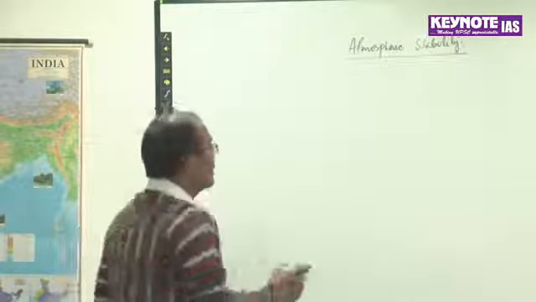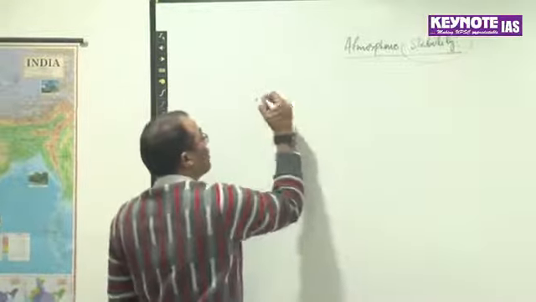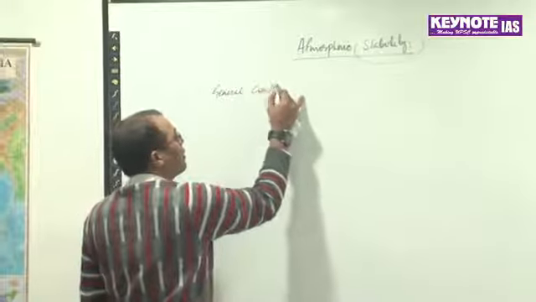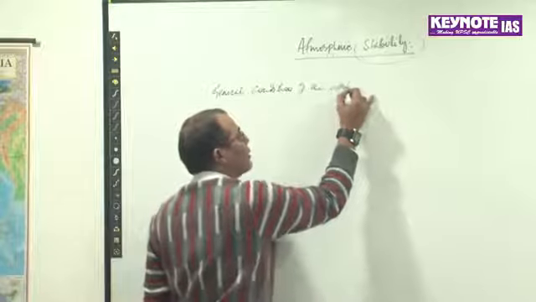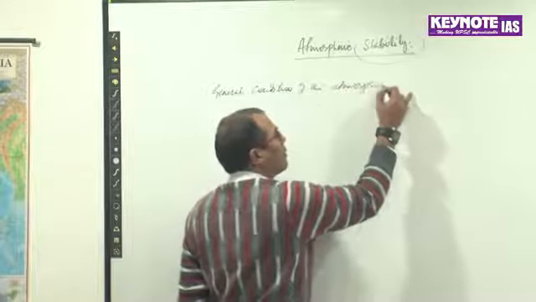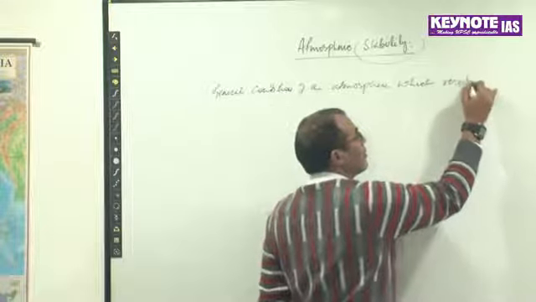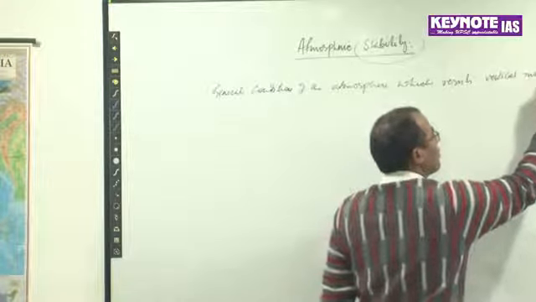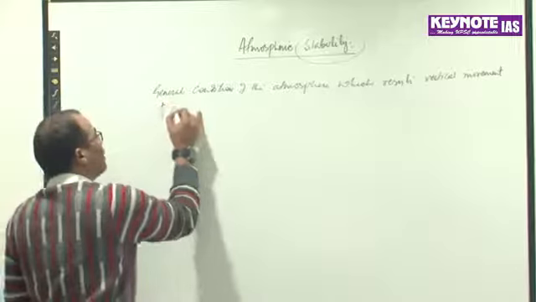Right? In the case of atmospheric stability, it means the general condition of the atmosphere which resists vertical movement of air.